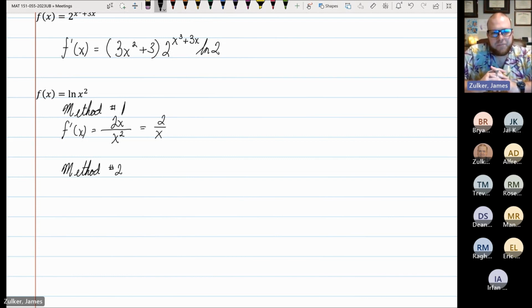Second method: use laws of logarithms to rewrite the function. We will get 2 times log of x.